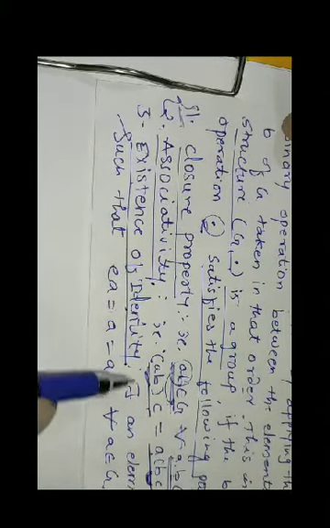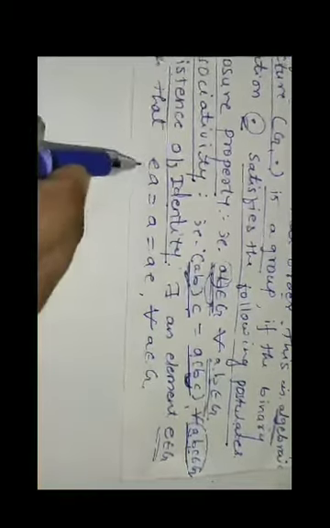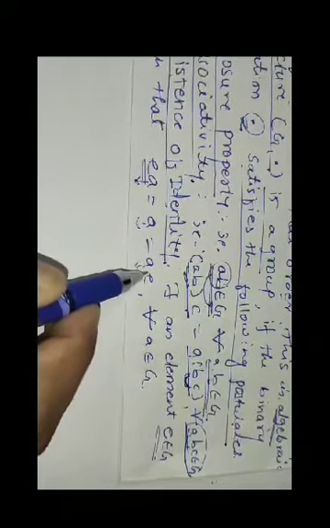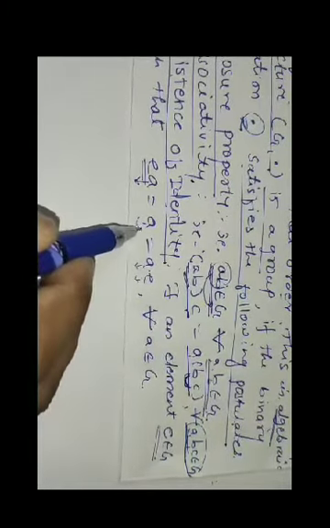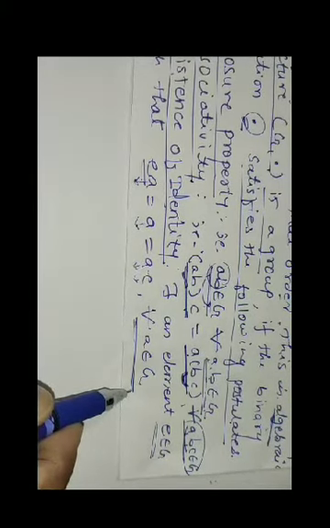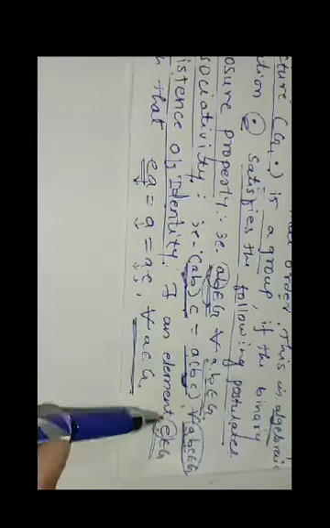Existence of an identity means there exists an element E belonging to G such that E with any element A of G gives that element, or that element with E again gives that element, for all A belonging to G. That means in set G there is an element E such that applying the binary operation with E to any element A, we get that element.